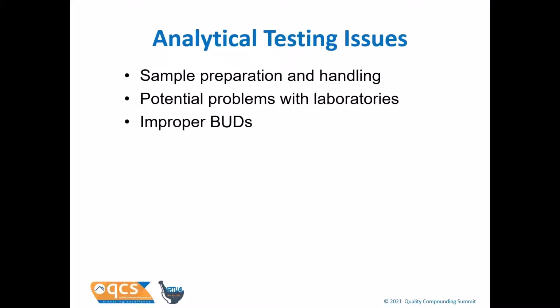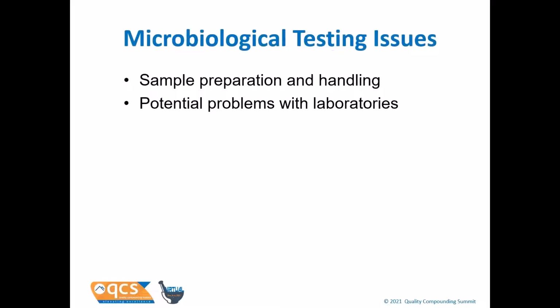And so as long as that was done, then you should have a good beyond use date. And if it wasn't done, then that beyond use date obviously would be in question.